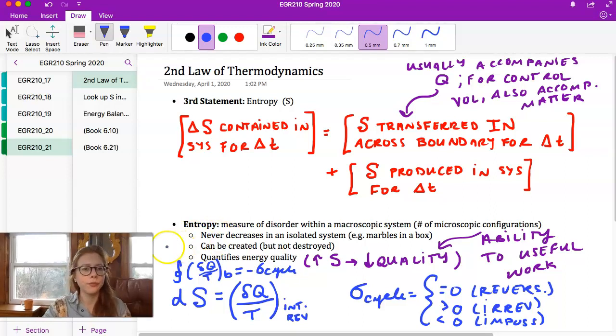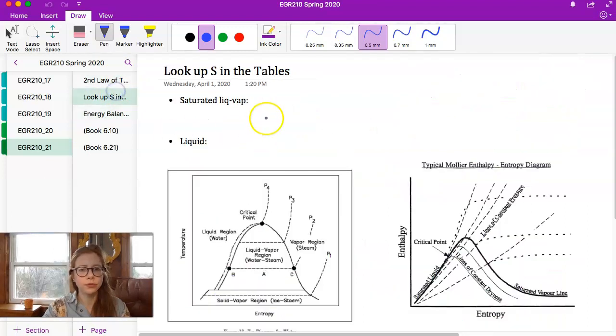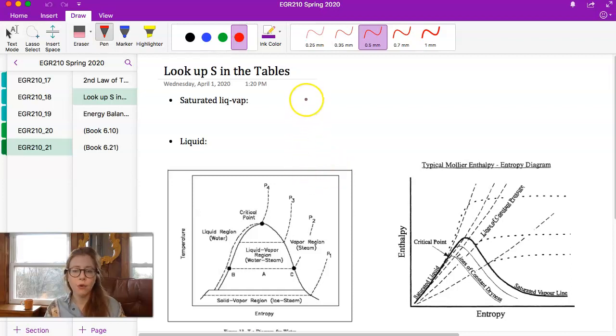Now, the units for entropy, for the extensive property of entropy, that's capital S, are going to be in joules per Kelvin.